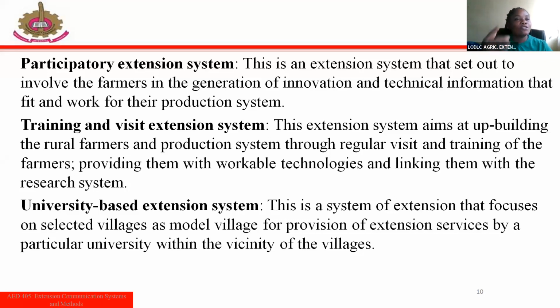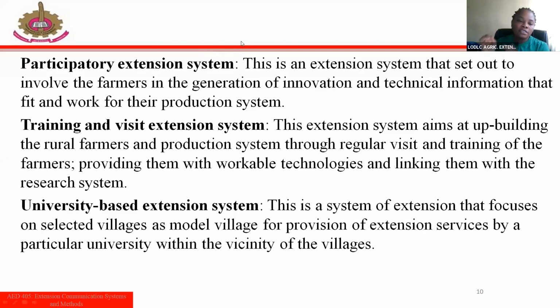Your extension agents will go forth to visit them, to train them, to demonstrate to them either through a piece or a plot of land, to give them results of what has been experienced in other places. And this will be revealed to them. And for them to adopt, it is good to demonstrate method demonstration, providing them with workable technologies and linking them with research systems, right?